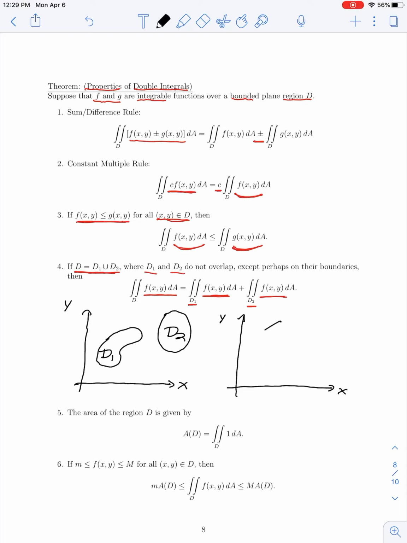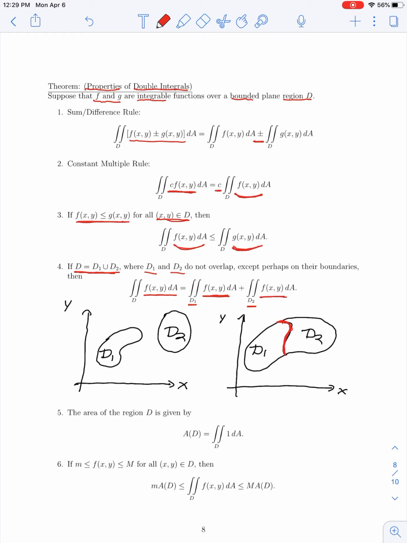So maybe if we had some region D that could be split up into two parts, D1 and D2, where we maybe have some overlap on the boundary of these two regions.